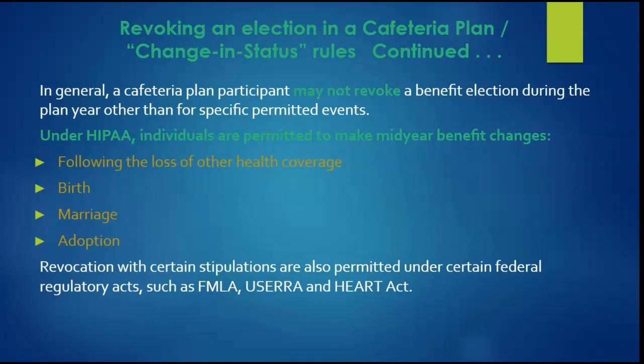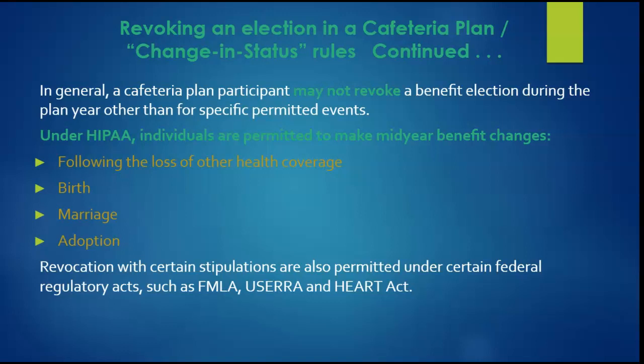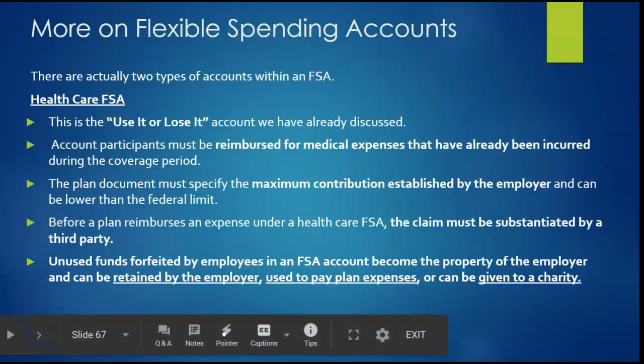Birth of a child, marriage, adoption, divorce in the same way would also allow for you to have a change in election. So again, all of these are subject to other acts like FMLA, the HART Act, and USERRA. And USERRA and the HART Act deal more with military families and benefits.